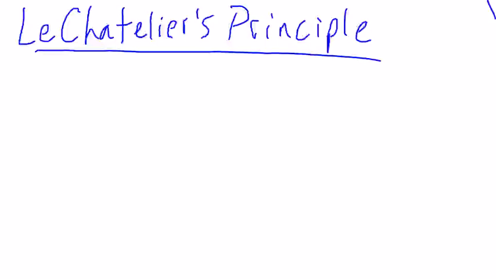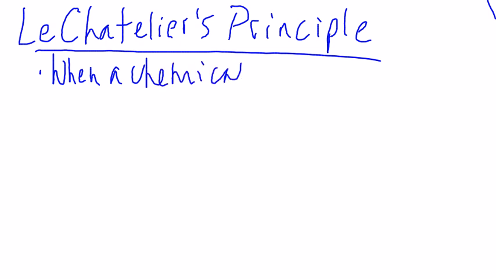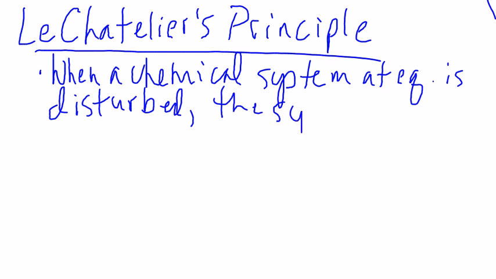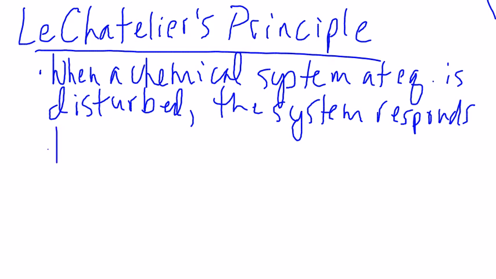Le Chatelier's principle states that when a chemical system at equilibrium is disturbed, the system responds to reduce the effect of the disturbance.